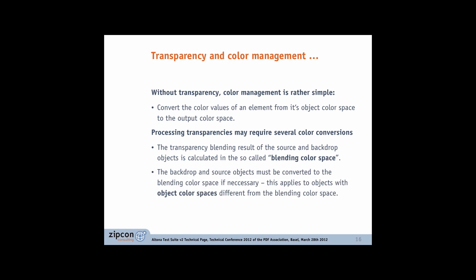It means that if the backdrop, the background element, and or the source element are not already defined in this blending color space, there is a need to convert them to this blending space first, prior to doing the calculation, which we learned before is just a mathematical thing. So there is this additional color conversion needed prior to the transparency calculation.